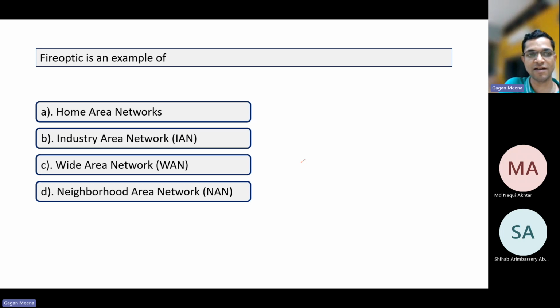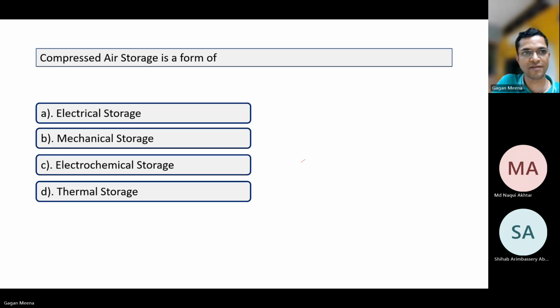Which one? Wide area? Yes, C, correct. Wide area network.